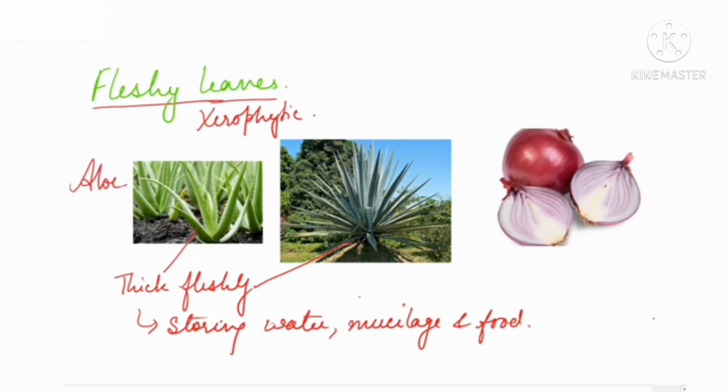So once again, the scale leaves. These are dry and thin, or thick and fleshy, non-photosynthetic leaves which take a protective role. And they protect what? Buds. Examples: some xerophyte plants and aloe vera, which have fleshy scales, and the non-photosynthetic ones, onion and ginger.